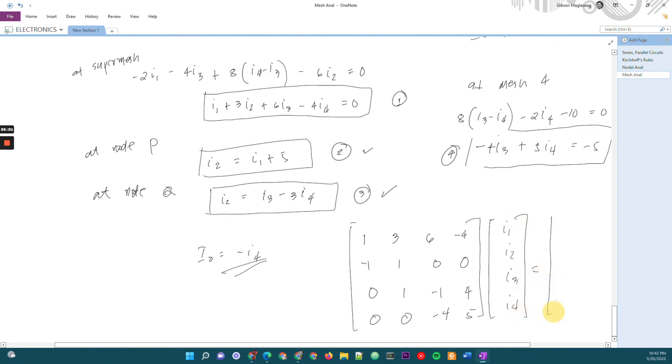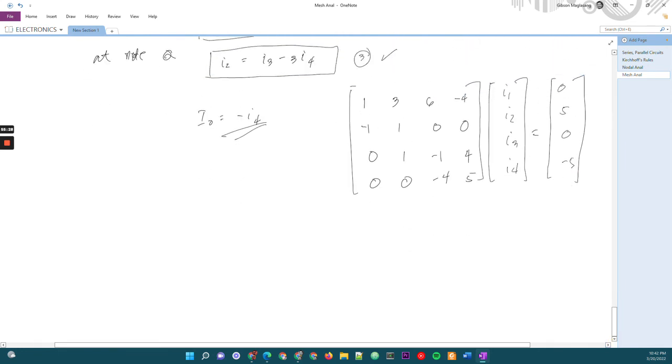And then the column vector on the right hand side of the equation should be 0, 5, 0, and negative 5. So you can actually solve this using MATLAB. Try this on your computer during your free time.